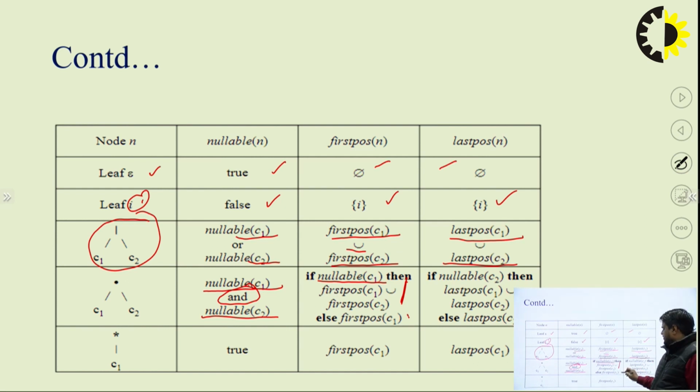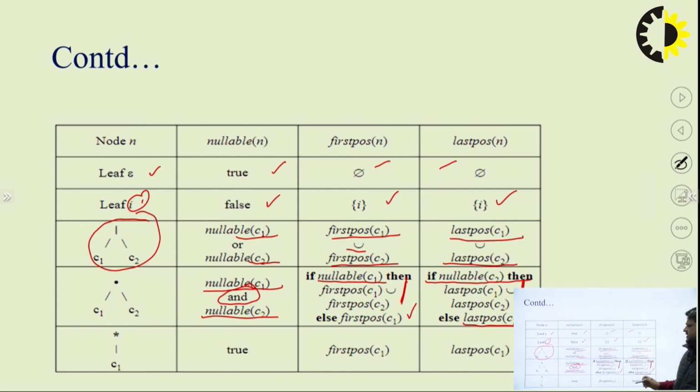Otherwise, it will depend on the first position of the first child, right or not right? Similarly, for the last position, if C2 is nullable, then you take the union of the last positions of both the left child as well as the right child. Otherwise, it will depend on the last position of the second child, right?